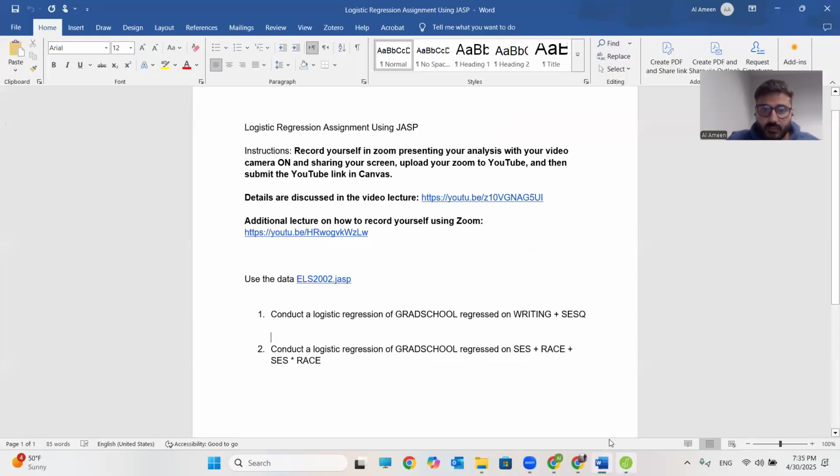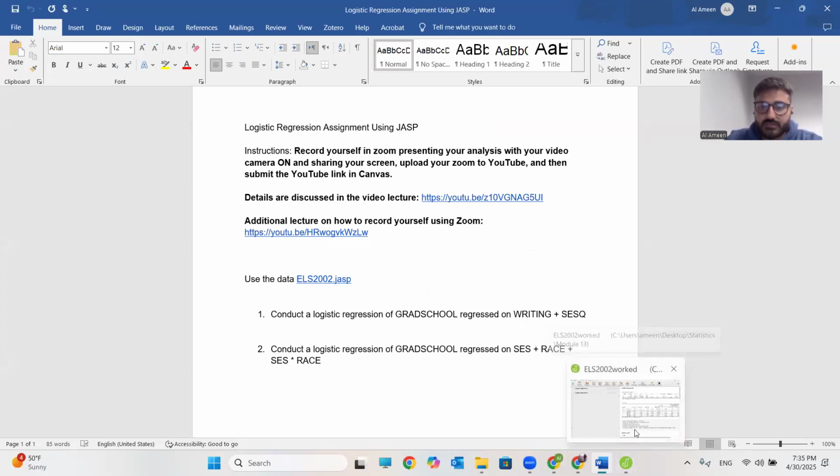Question number 2 is looking to conduct a logistic regression of also grad school, this time regressed on SES plus race plus the interaction of SES and race. This SES number, I believe, also has a mean of 0 and a standard deviation of 1. So this is not a quartile. This is continuous data.